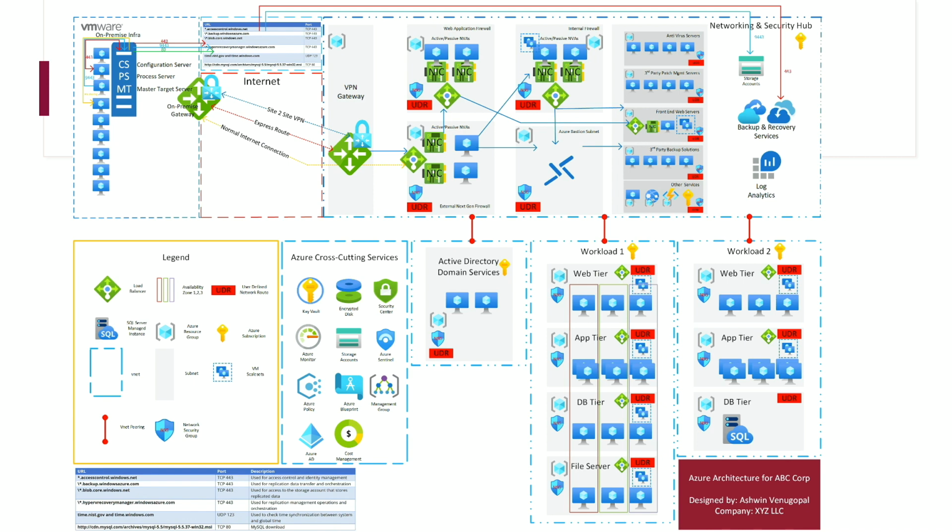Now, there is a legend that I have used on the other side, which is going to give them a little bit more information on this particular diagram. So if somebody looks at the diagram, they can understand a lot of things. The first thing that you see is a load balancer, and you have availability zones that you can see in workload 1.